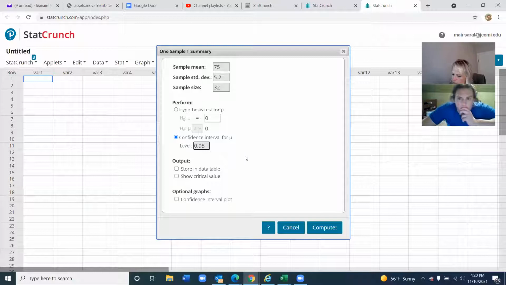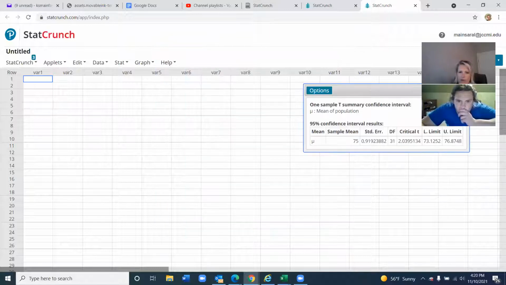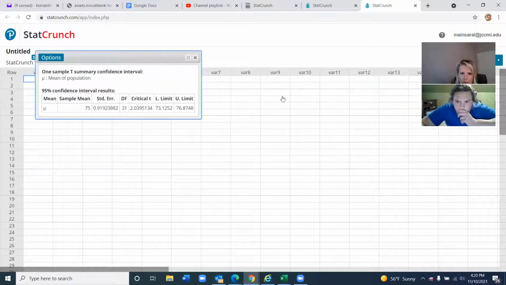This one's at 95, so this one is good. I think the last one I was off a little. Anybody change yours and didn't yell at me? This one is correct. This is a 95. I think I did not change the last one. So this one is 73.1252, and our upper is 76.8748.